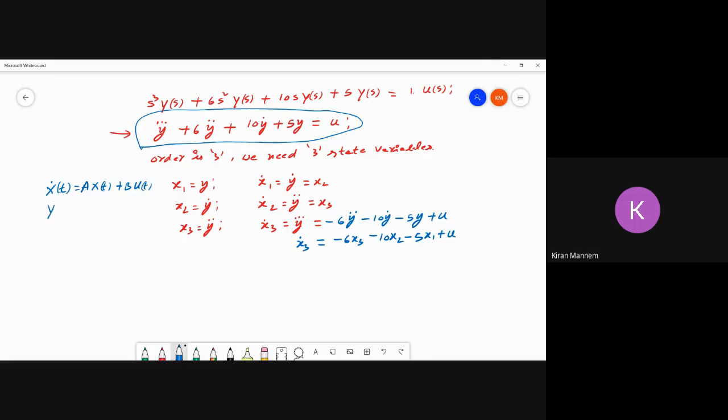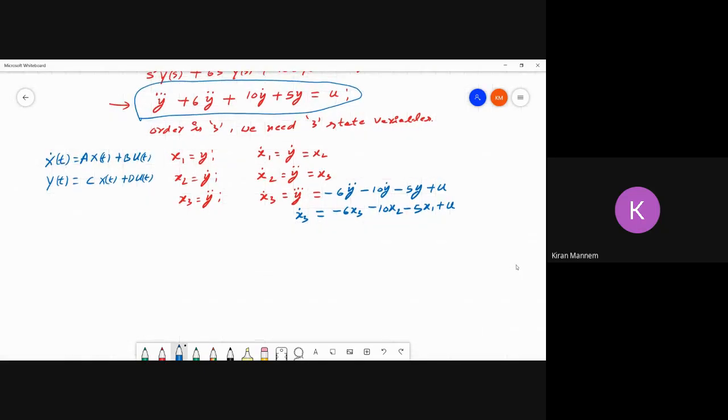And the output is y of t equal to C into x of t plus D into u of t. Now, let us put it in matrix form.